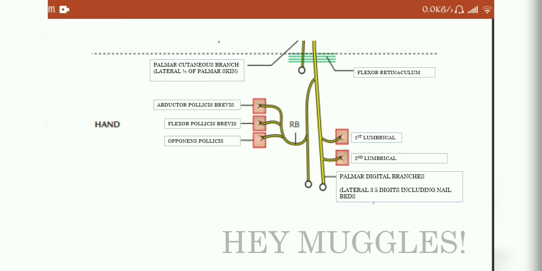So now you understand why it is known as your eye of the hand, because it is supplying sensory innervation to lateral 3.5 digits including their nail beds that help in differentiating the thickness of an object or a cloth, right? It is also known as eye of your hand.